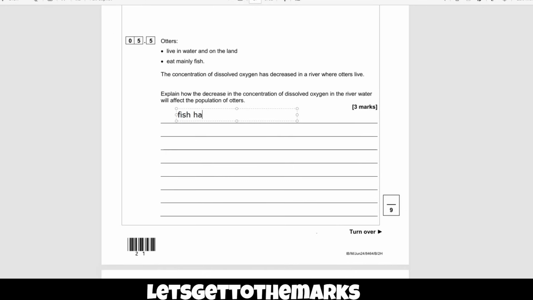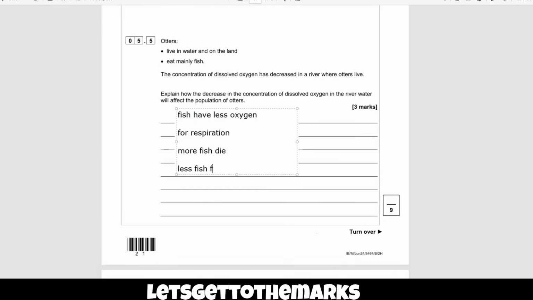So fish have less oxygen. What is oxygen needed for? For respiration. I could say aerobic respiration, but I'm just going to put respiration. So fish have less oxygen for respiration. More fish die. Less fish for otters to eat.